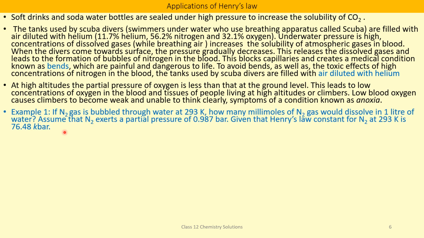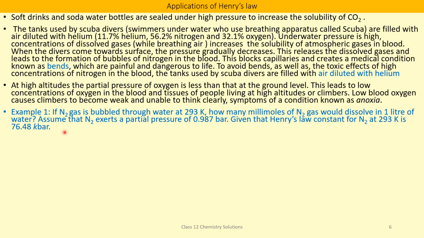Now, having studied the principles of solubility in brief, let us work out some numerical examples. Example number 1. If nitrogen gas is bubbled through water at 293 Kelvin, how many millimoles of nitrogen gas would dissolve in 1 liter of water?